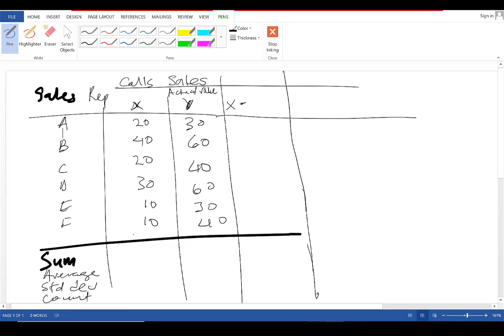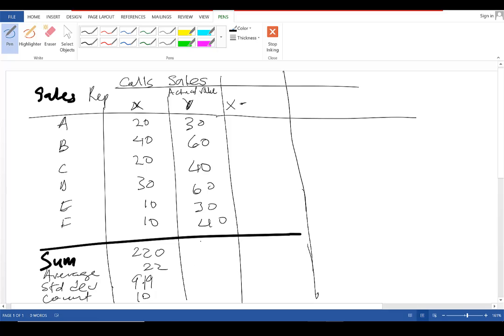So with all this, we have 10 counts. The sum will be 220, the average 22, and the standard deviation 9.19.